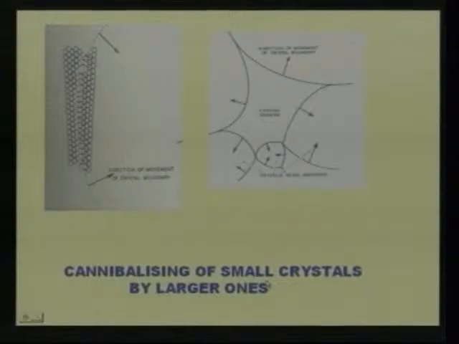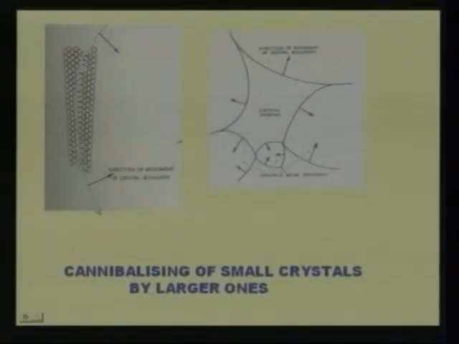Now, let us see the cannibalizing of small crystals by larger ones. How does this cannibalizing happen? Assume these are the crystals between the boundaries. You can see this curvature of the line between the crystals.